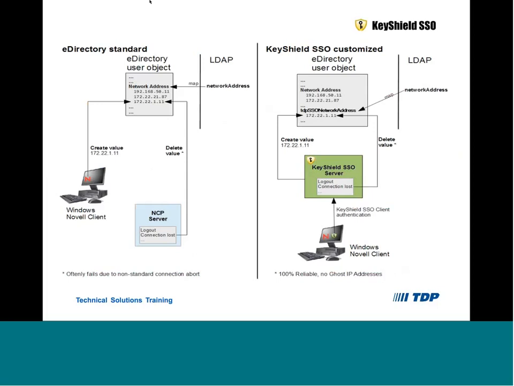And with our implementation, we have our own network address attribute. We change the LDAP mapping. So if your Astaro, your Cisco is reading the network address LDAP attribute, it reads our attribute, and there is a KeyShield server taking care of this.